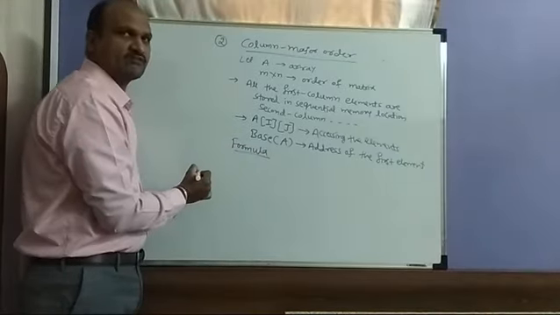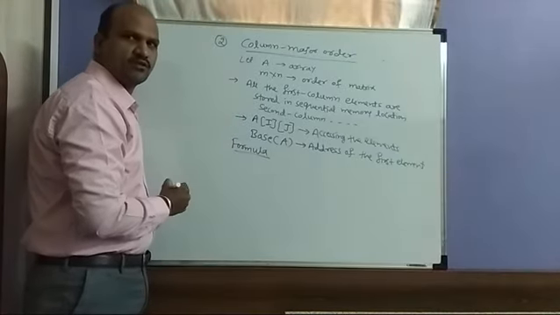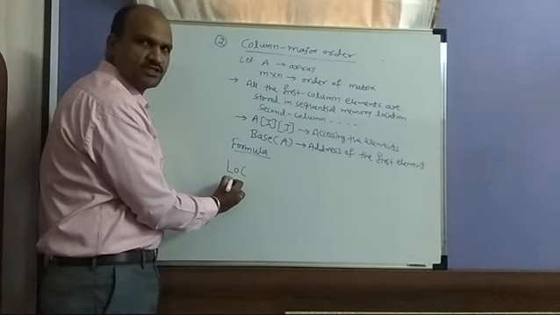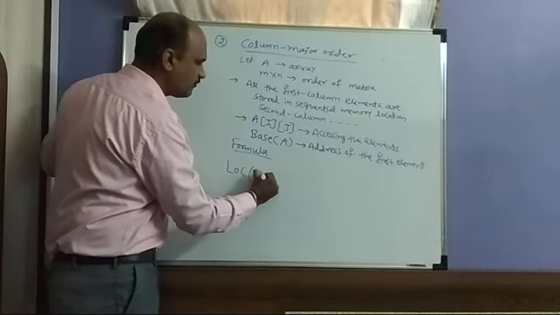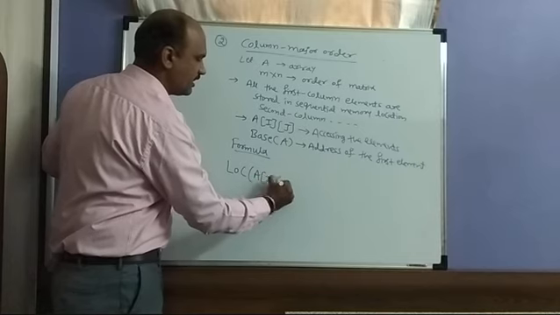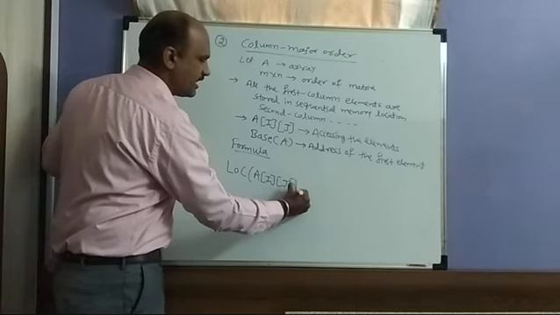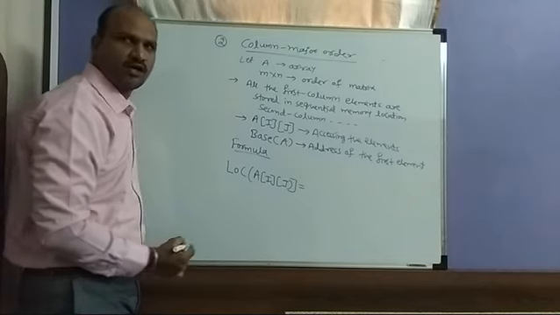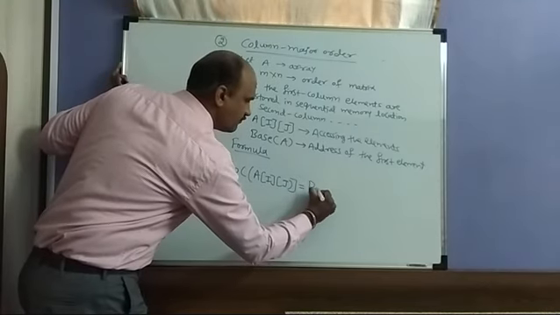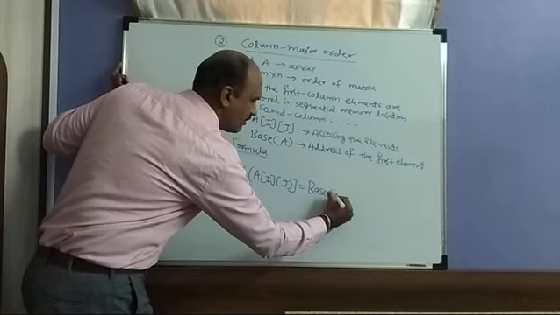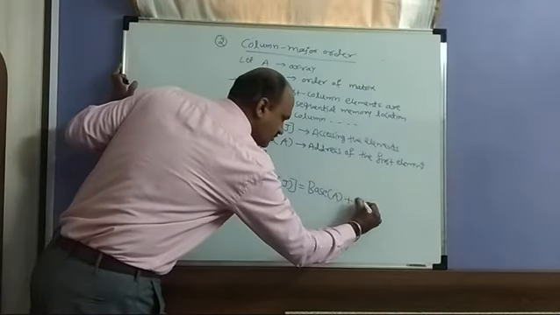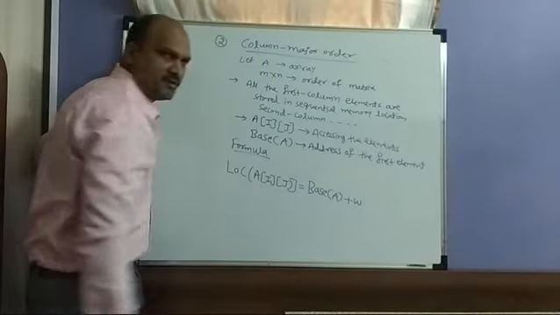column major order. As I told you in the row major order, here is the formula for the location of A[i][j]. Here i represents row, j represents column. That is again the base of A, the address of the first element, plus w, the word count of the memory.